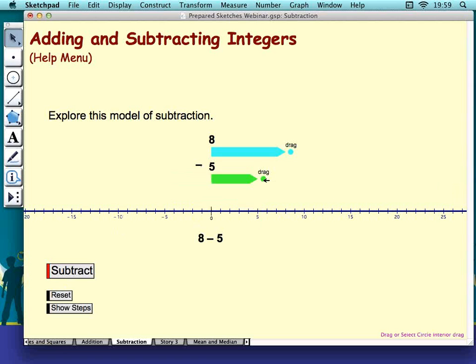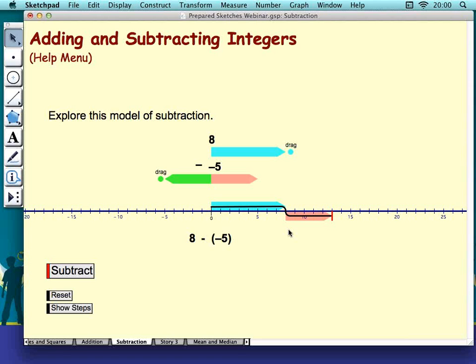We can reset and see what happens when we subtract a negative value, and see how those 2 operations really, it's the same way of thinking about it, whether we're subtracting a positive or subtracting a negative. And if we can internalize this view, then memorizing when you subtract a negative, you do such and so, those formulas become unnecessary for kids, because they have the visual that they can remember much more effectively than they can remember a rule stated in words.